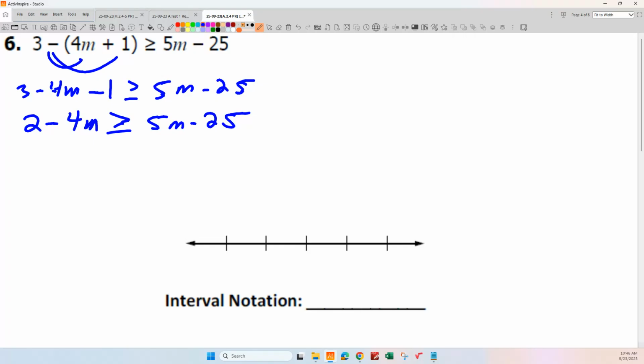Okay, I'm going to move the variable to one side. Where should I probably move the variable? To the right. Either way would work, but we'll move it to the right so we get a positive number, by adding 4m to both sides. So I cross the variables off the left side. What else might I do at the same time to save a little time?